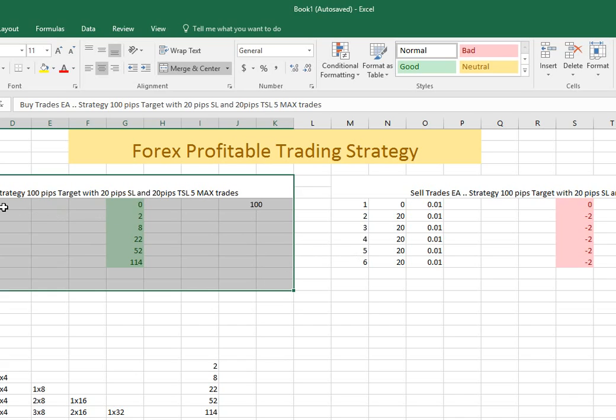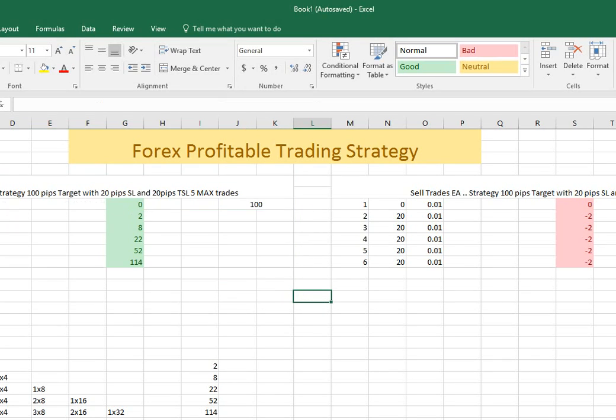Because if one trade is going in your favor, the other is going against you, and if the other is going against you, the first one is going in your favor. So you will be paying the spread costs during the ranging markets only, and you will not be making huge losses like in our hedging strategy. But that has its positive things in that.